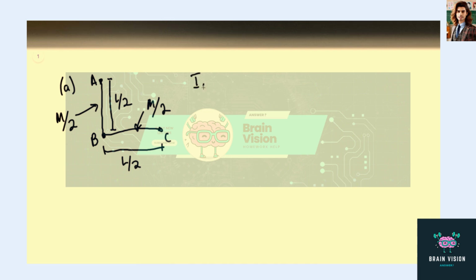So a moment of inertia about AB. The moment of inertia about this segment here would be simply ml squared over 3, where m equals capital M over 2 and L is going to be L over 2 squared, and this is all divided by 3.